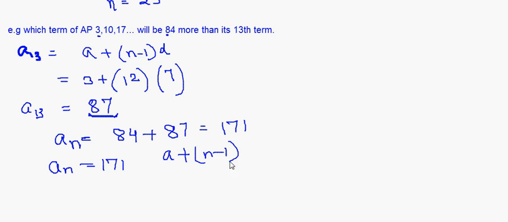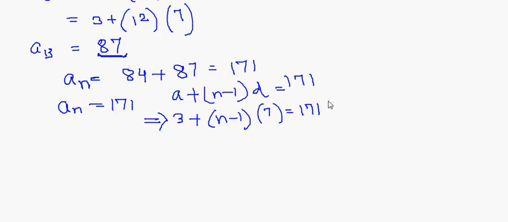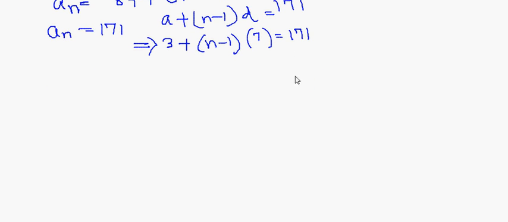A plus n minus 1 d is now given to be 171. A remains the same, 3, n is supposed to be calculated, and d was 7 before. This is given to be 171. This will be 3 plus 7n minus 7, that's 171. 3 minus 7 is minus 4.